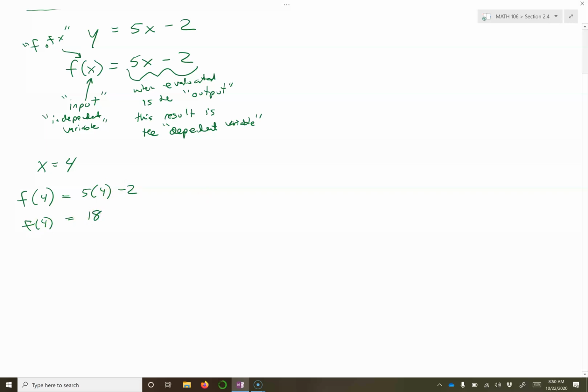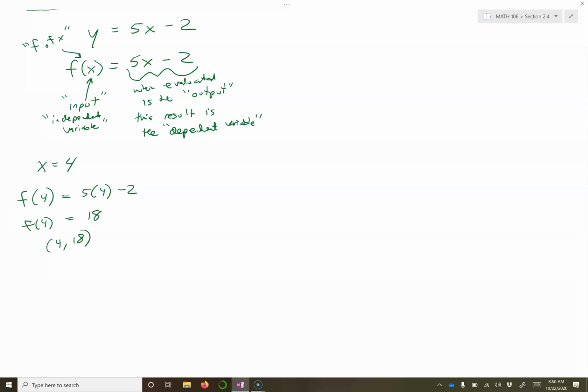So we can get a coordinate when we put a number as the input and then get a result, which is also a number. We get an ordered pair, which is just a point. We get the point (4, 18). So by plugging x values in, you can get points. And then you can just put those points on the graph.